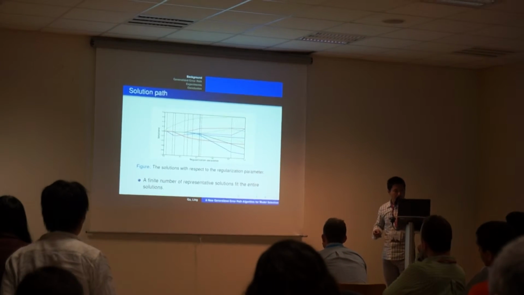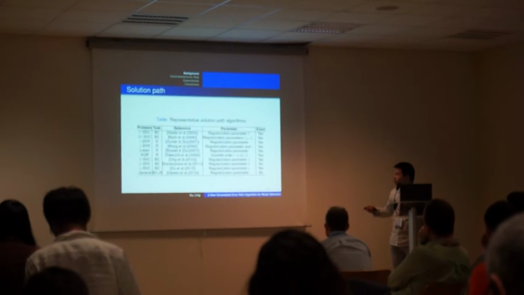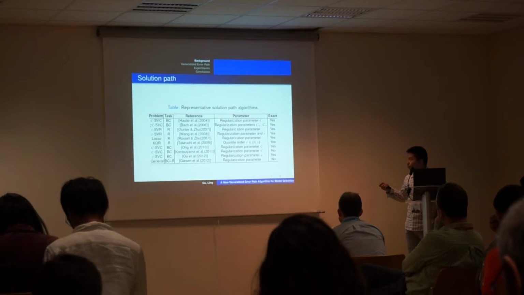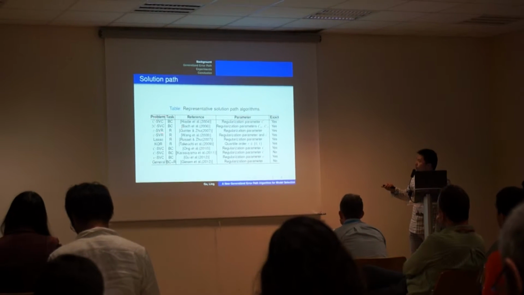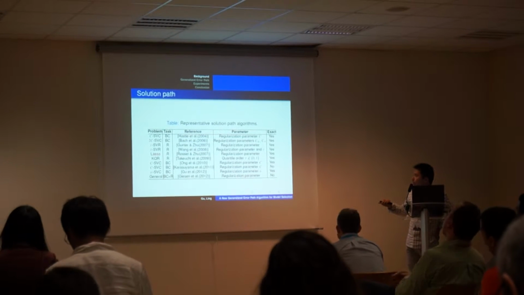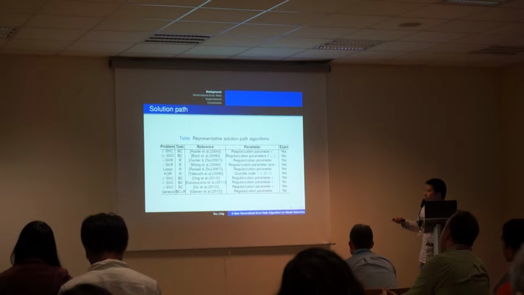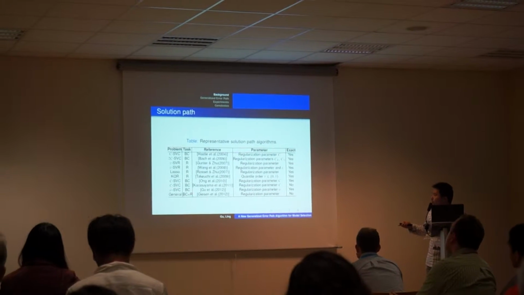So this is interesting work, and there are also a lot of works about solution paths for many kinds of problems: support vector machine, Lasso, kernel quantile regression and other general problems.